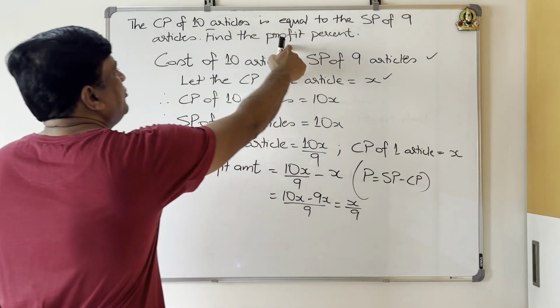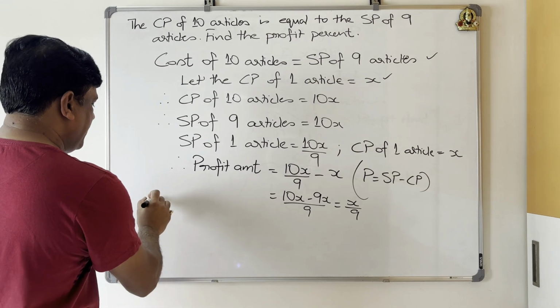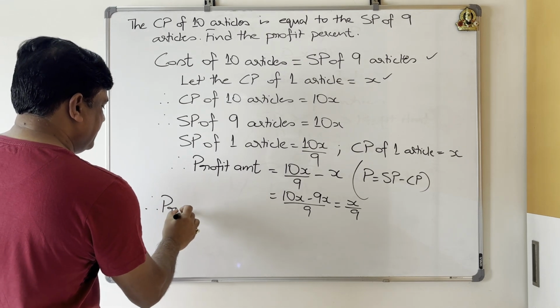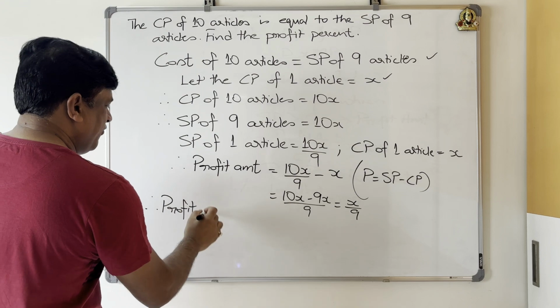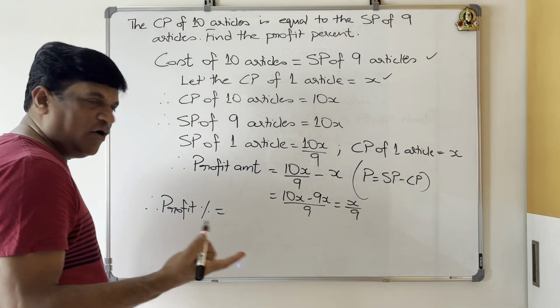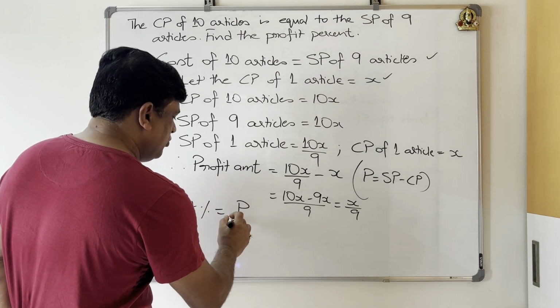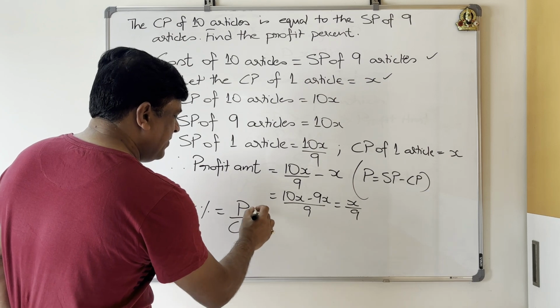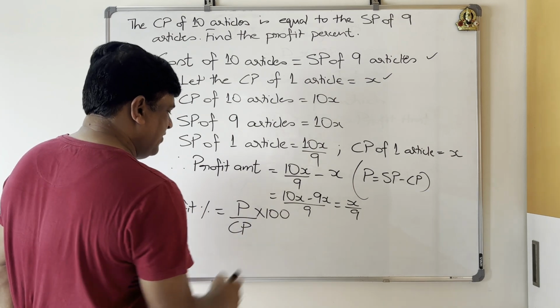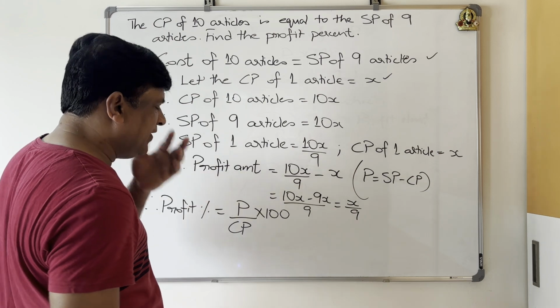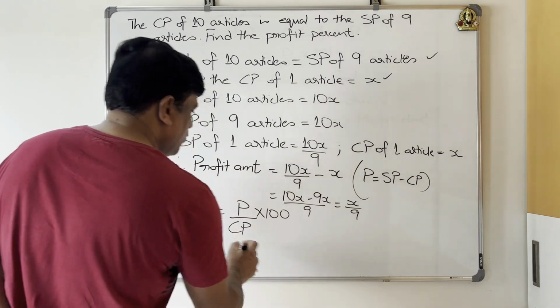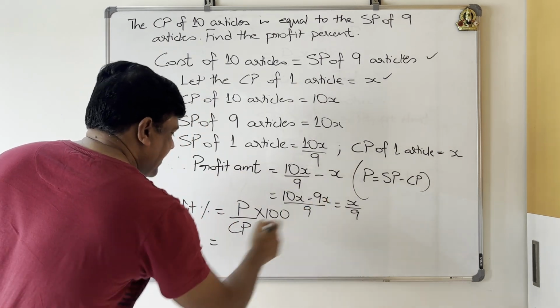Now, since they asked me to calculate the profit percent, profit percent will be equal to what? We learned that it is profit divided by cost price into 100. What did we find the profit amount to be? It was x by 9.